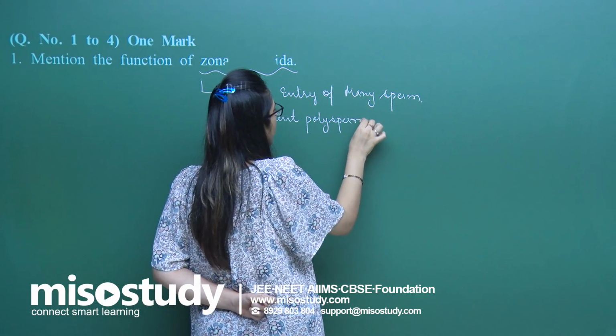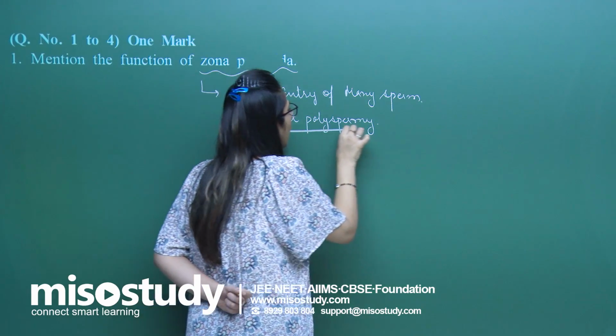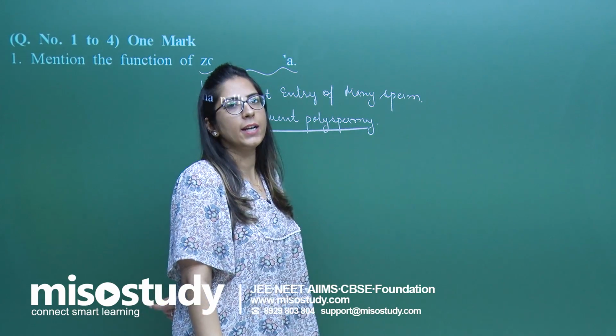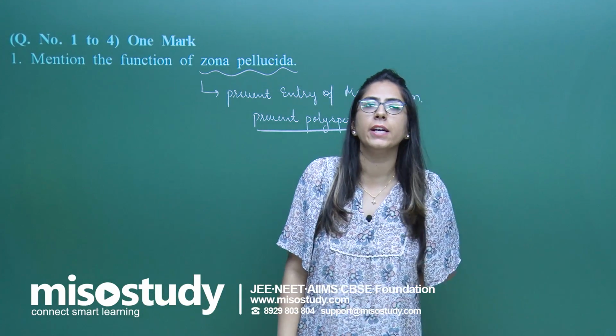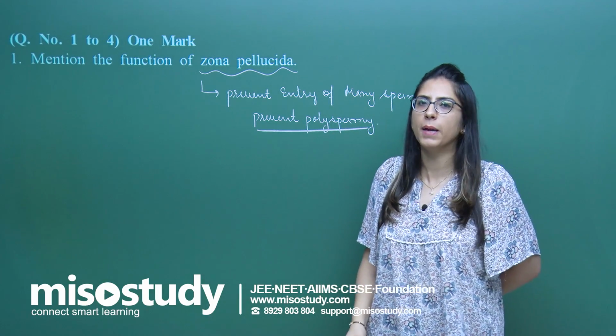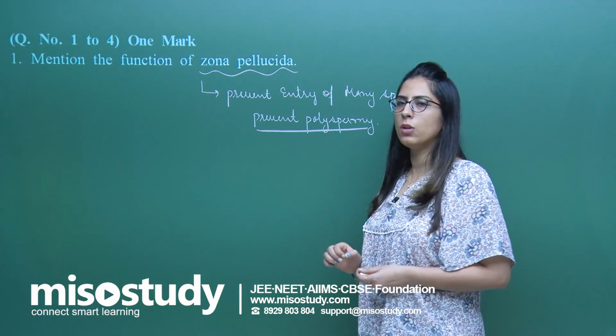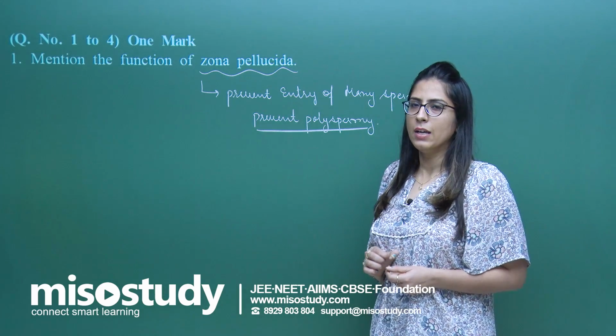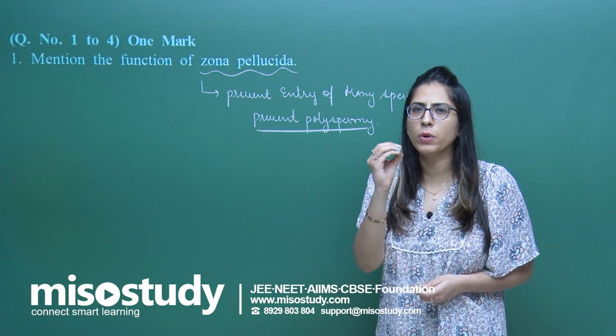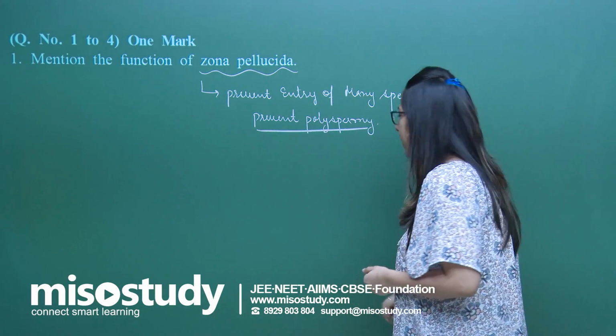Because what I want is only a diploid condition. I don't want any kind of triploid, tetraploid or pentaploid condition. For that, we have the zona pellucida, which keeps a check that only a single sperm enters.